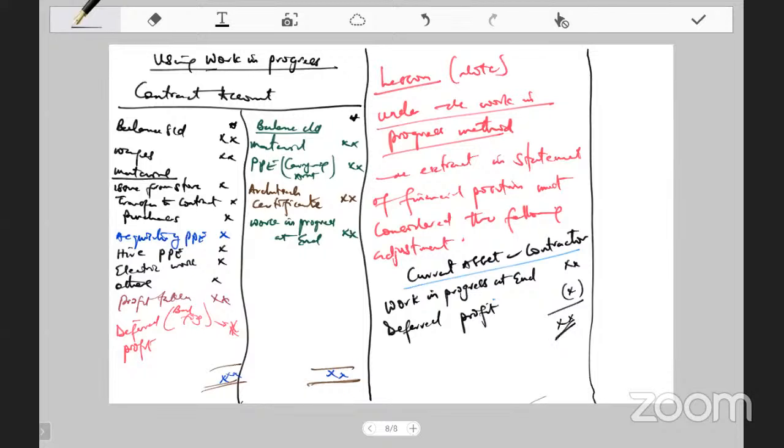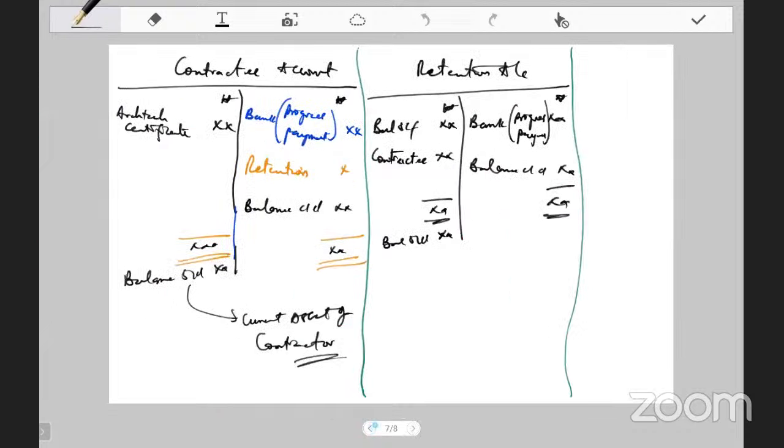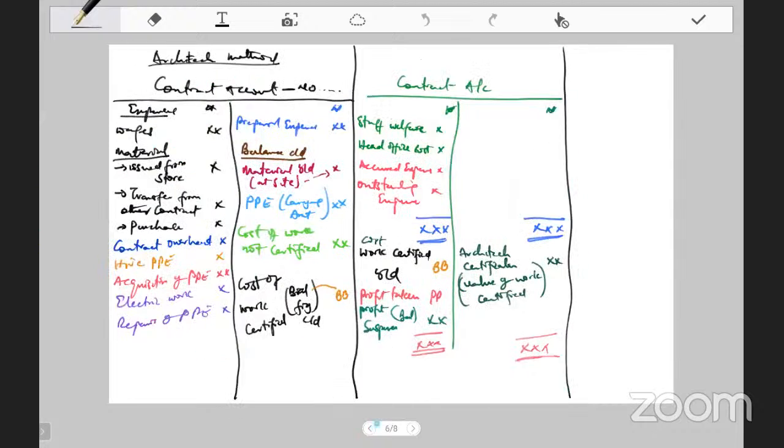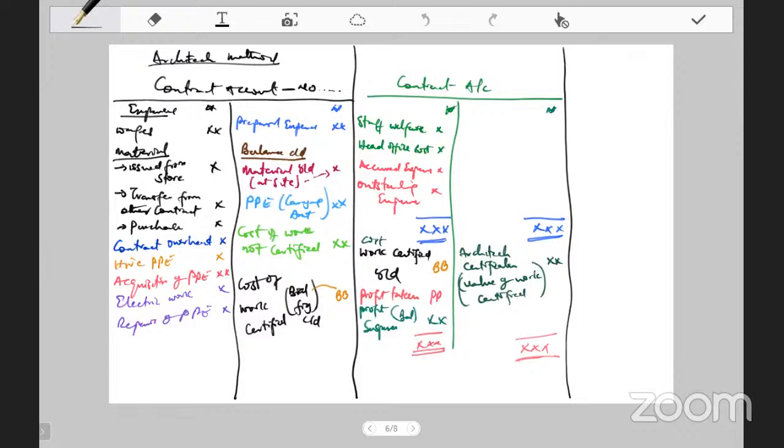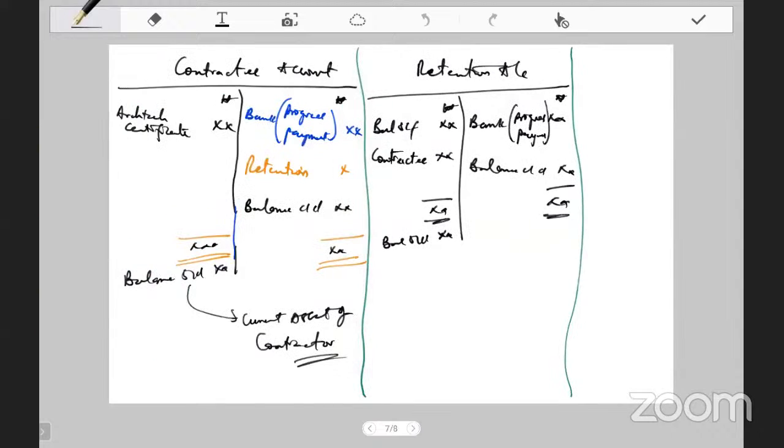Any question? Please, previous page. Thank you, sir. So we look at this method. After this, we looked at how to prepare our ledger using the contract account. After that, we looked at the contractee account.